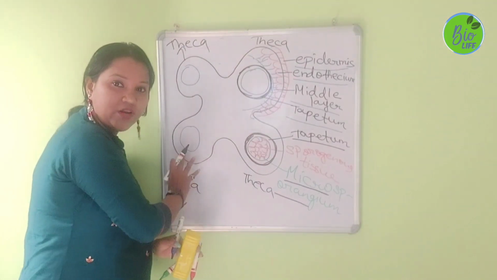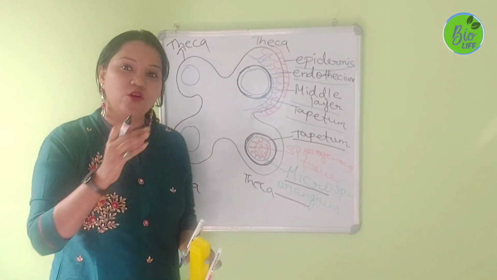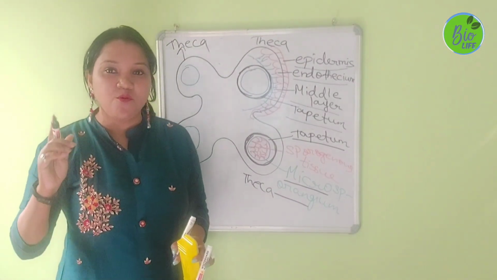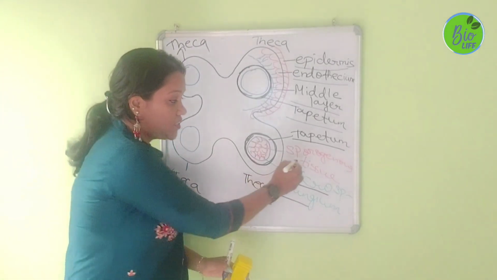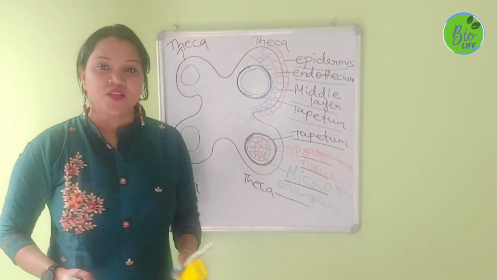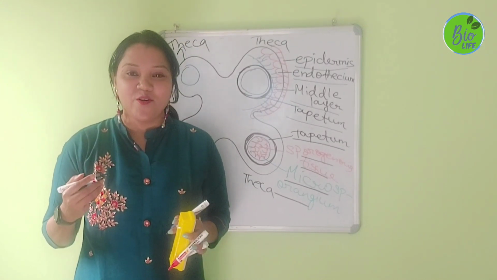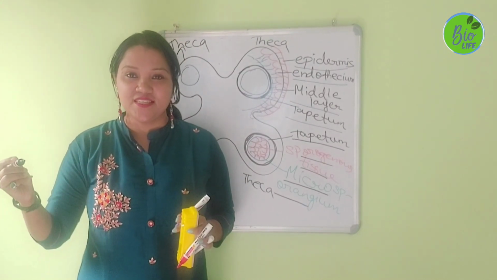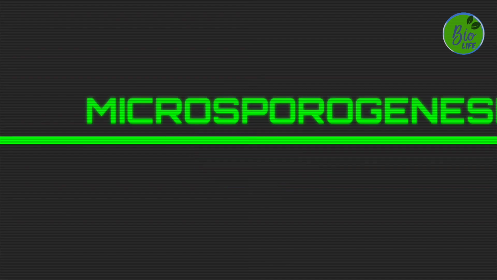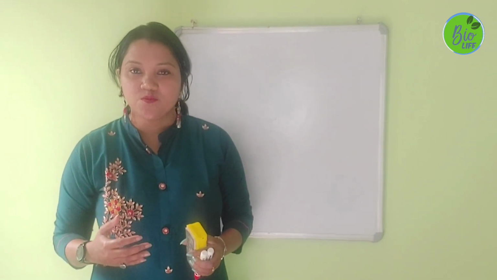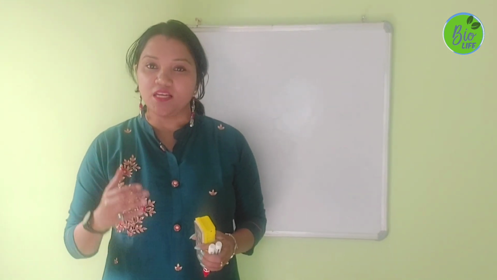So total 4 pollen sacs are formed, inside which pollen grains are produced, and the pollen grains are produced from this sporogenous tissue. So let us understand about microsporogenesis, that is production of male gamete. Microsporogenesis means production of microspore.